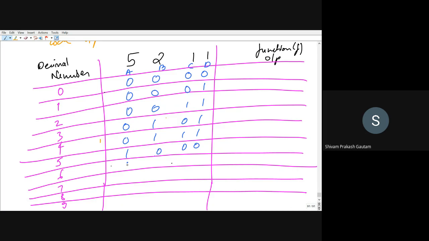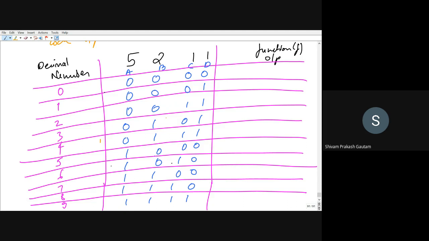Then 6 is 1, 0, 0, 1 or 1, 0, 1, 0, you can write either. Then 7 is 1, 1, 0, 0. Then 8 is 1, 1, 1, 0. Then 9 is 1, 1, 1, 1. No more extra bit can be added, so you cannot get 10. The maximum you can get is 9.